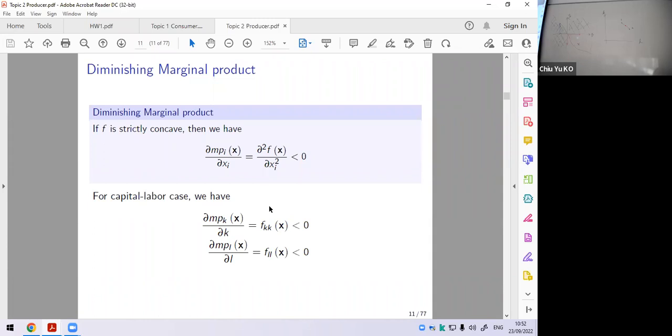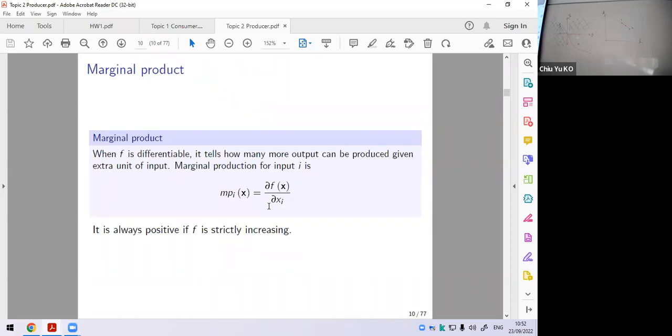The reason why you want this negative as an assumption in general is that if it's not the case, then you keep employing the same input, right? If this input has a fixed input cost, and you don't have diminishing marginal product, that means you will keep employing it, because this is always positive, right? Under the assumption we have, it is still increasing.